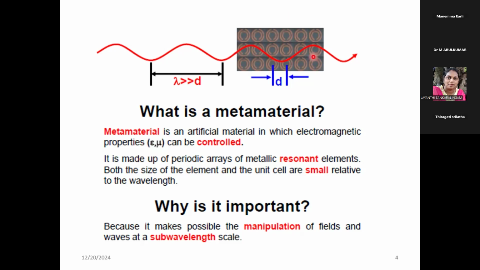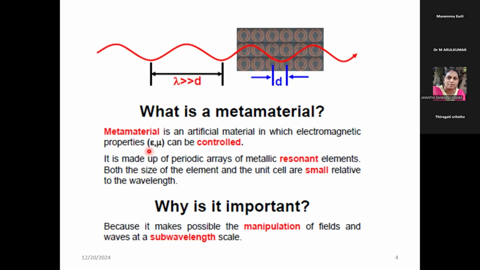Basically, a dielectric material has some value of mu and epsilon depending upon its behavior, depending upon the original arrangement of its molecules. But now what you are trying to do is change the values of mu and epsilon by designing additional unit cell conducting structures. By these conducting structures, you are going to change mu and epsilon.